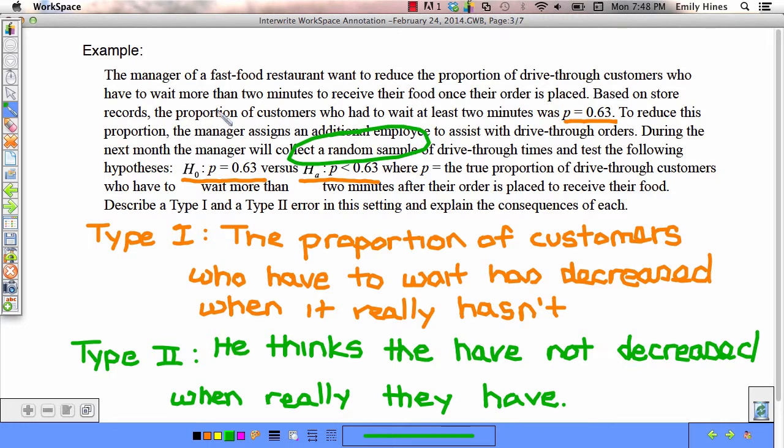So he may, just by random chance, get all really high values, and maybe they all are more than 2 minutes. Or maybe he gets really low values, and they're all below 2 minutes. Or maybe they're spread equally out. It depends on the sample he takes, because we all know that samples vary from sample to sample. So depending on the sample data he gets, it may lead him to one conclusion versus the other, which is why the errors come in, because we're working with just sample data.